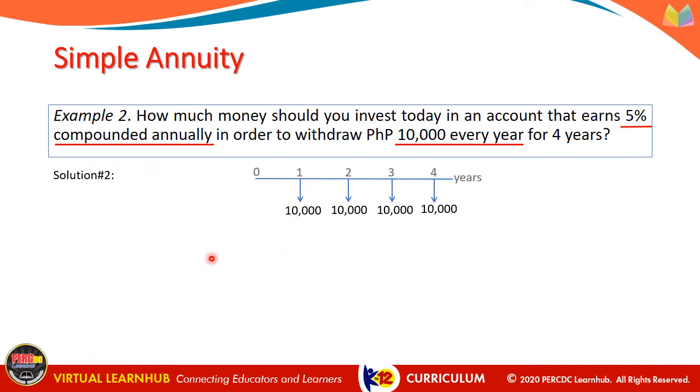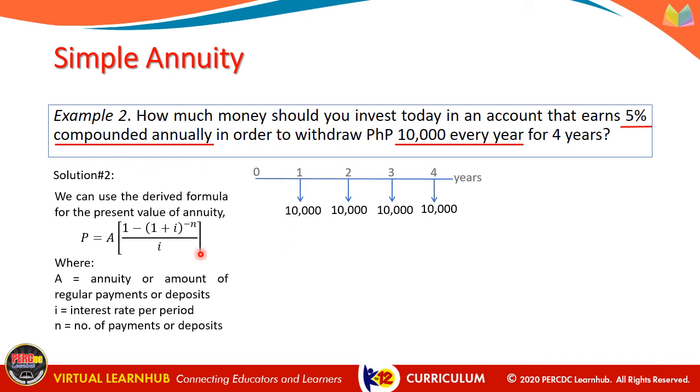We can actually solve this problem by simply using the formula P is equal to A times quantity 1 minus 1 plus I raised to negative n over I. This is the derived formula for the present value of annuity, where A is equal to annuity or amount of regular payments or deposits, I is the interest rate per period, and N is the number of payments or deposits. In this case, we have withdrawals.